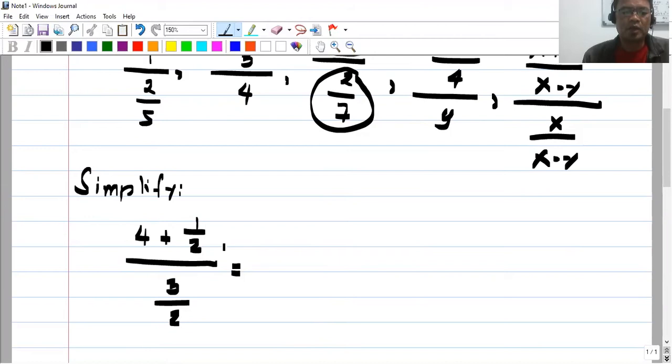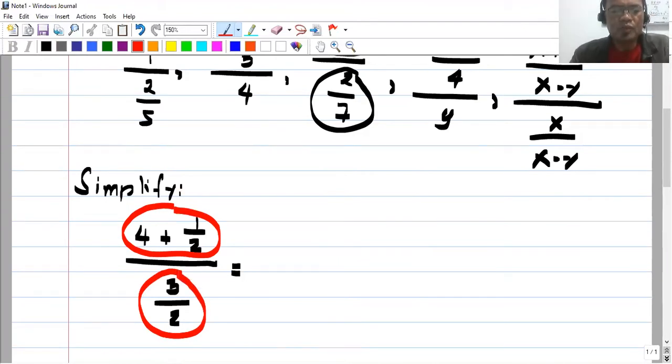Again, our numerator is this one, 4 and 1/2, and our denominator is 3 over 2. So first of all, we have to simplify our numerator so we can simplify further our complex rational expression.